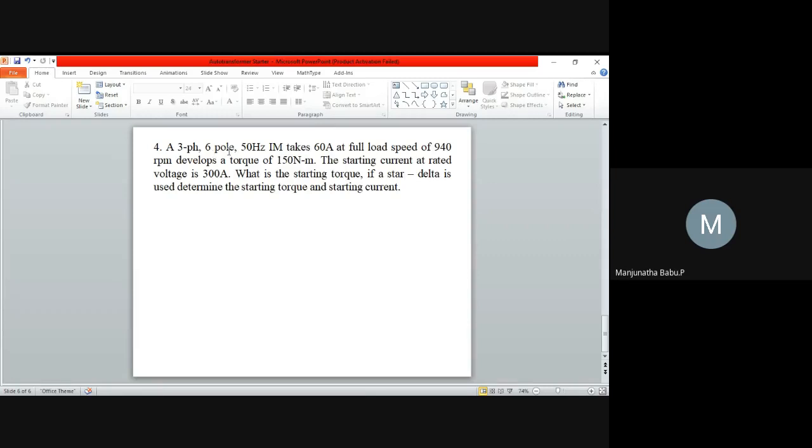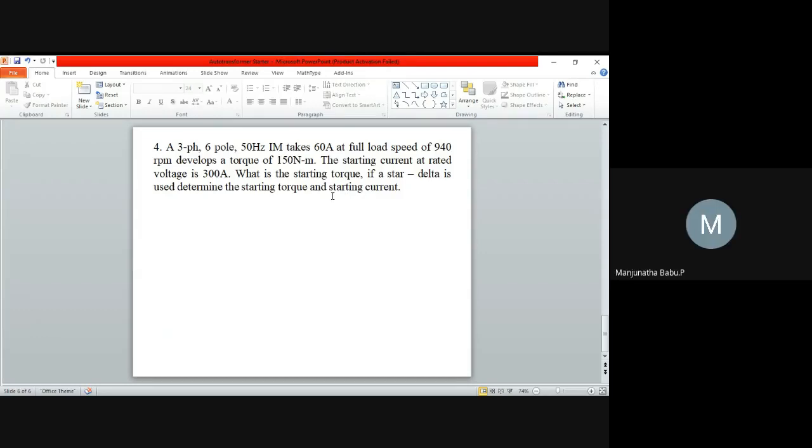NS is equal to 120 F by P. Frequency is 50 Hertz, P is 6 poles, so you'll be getting 1000 RPM. So NS is 1000 RPM.